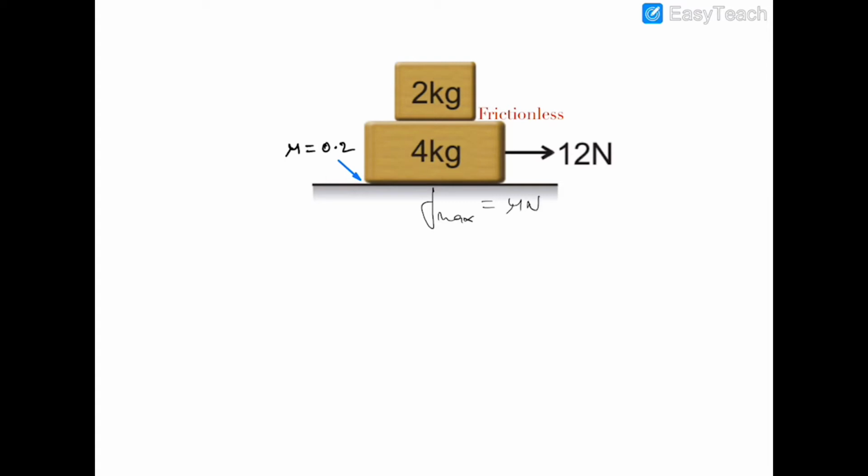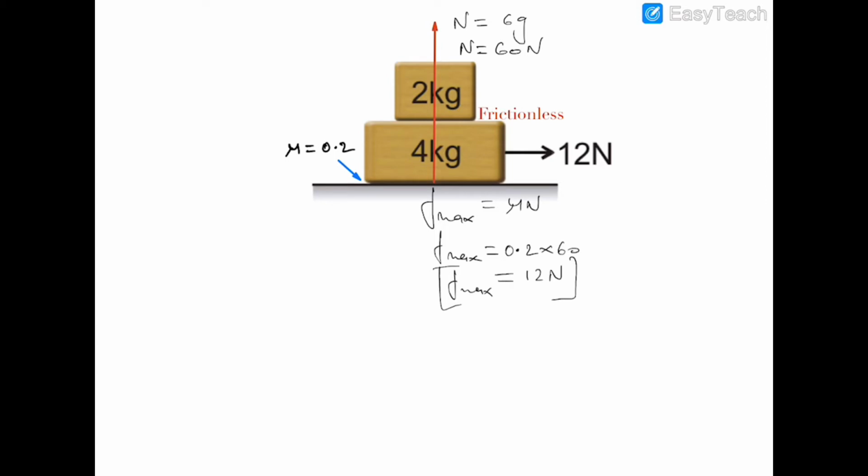It is very important to note that the normal reaction at this surface will be N = 60 newtons, which means 6g, because the normal reaction is due to both the blocks, 2 kg and 4 kg. Therefore the maximum possible friction from the ground will be 0.2 into 60, so it would be 12 Newton of maximum friction that can act on the 4 kg block.